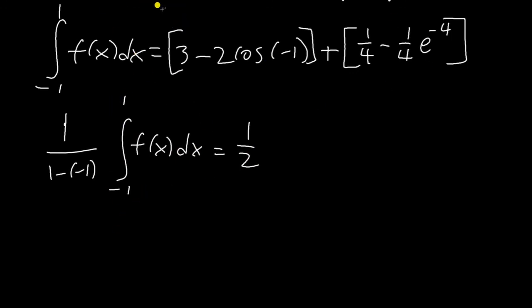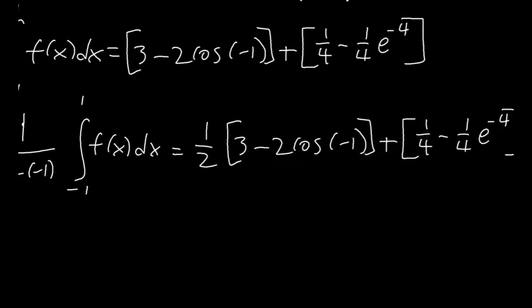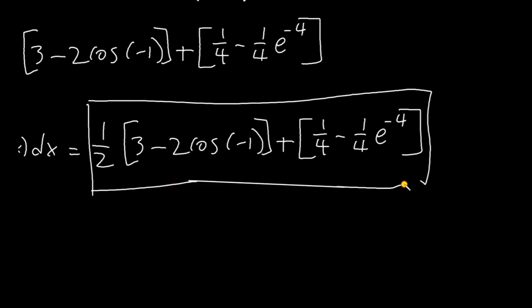So I'm going to do another copy paste and say, ta-da, that is my answer for the average value of f of x over -1 to 1. Okay? You could simplify this a bit further if you want to, but it's sufficient. It's right? And that's all that matters.